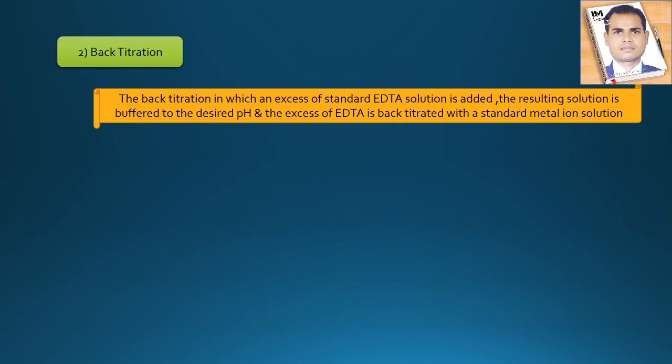In the back titration, an excess of standard EDTA solution is added, the resulting solution is buffered to the desired pH, and the excess of EDTA is back titrated with a standard metal ion solution.